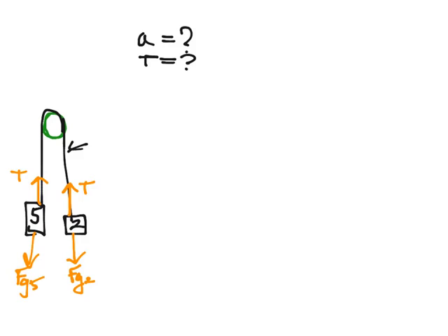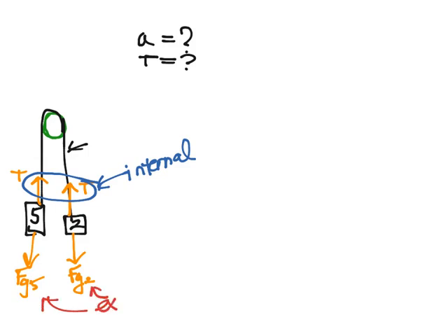Now I want you to think back to the video about multiple objects and tell me which of these forces are internal and which are external. Okay, so these two tension forces are between the two objects, so they are internal, and both of my FGs are external forces.